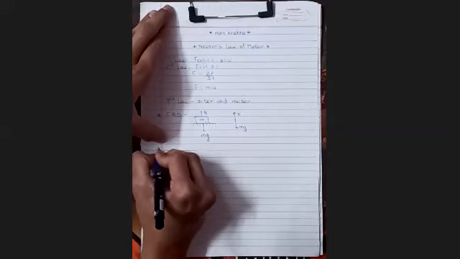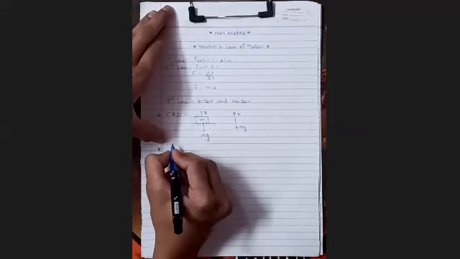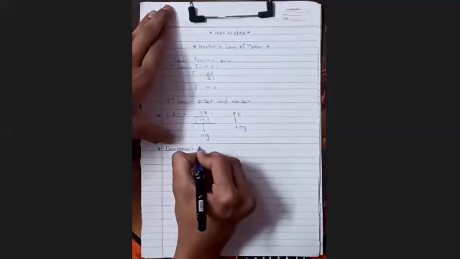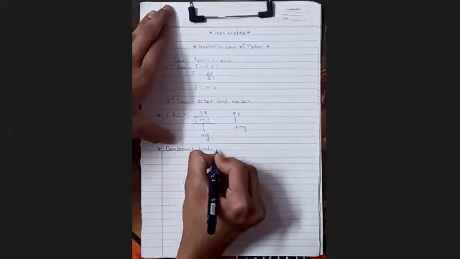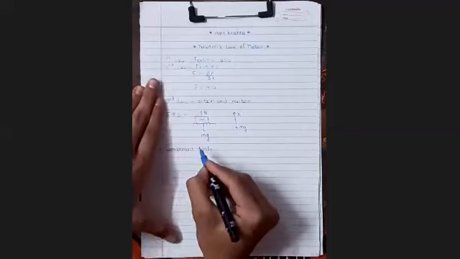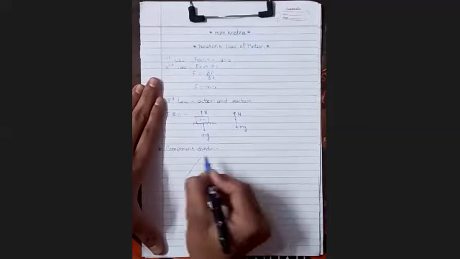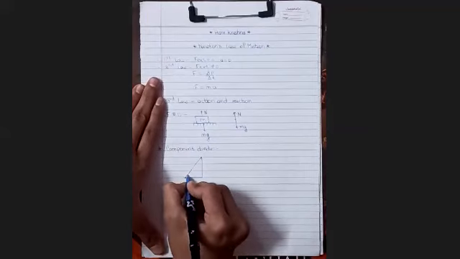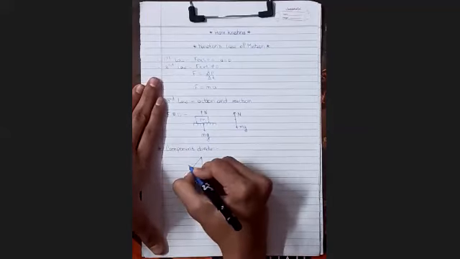Our next point is component divide. Let's take an example. There is an inclined plane. Let this angle be theta, and there is a block of mass m on the plane.